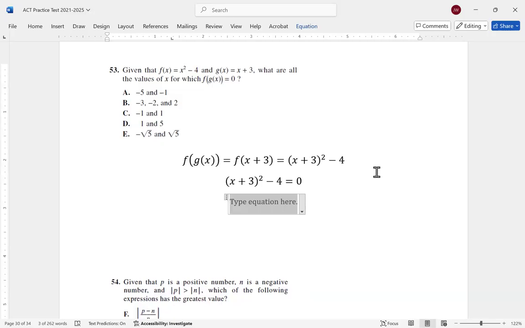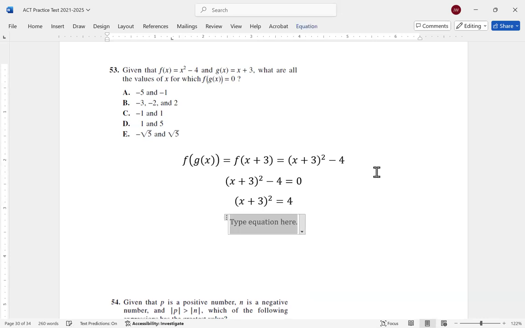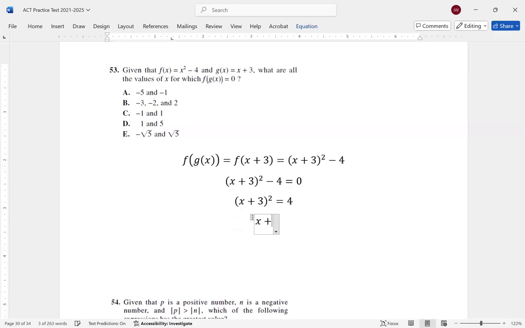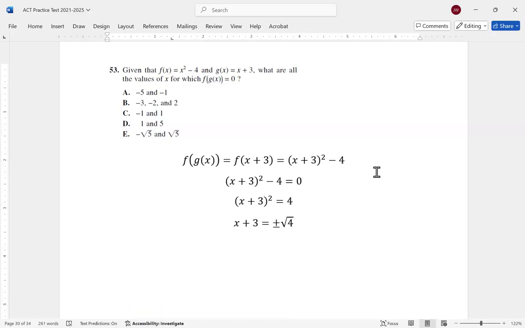So then I solve this equation for x. We're going to take x plus 3 squared, add 4 to both sides. You get x plus 3 squared is equal to 4. Now I can take both the positive and negative square root of the right-hand side. So what I would end up with is that x plus 3 is equal to the positive and the negative of the square root of 4. Square root of 4 is just 2. And so this gives us two options.